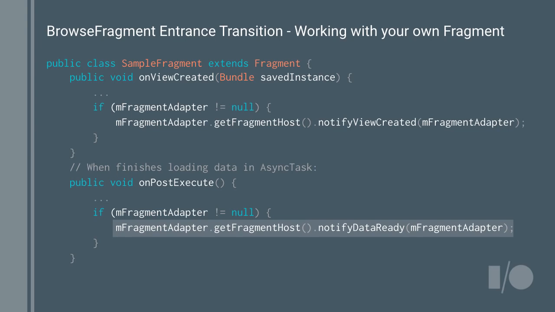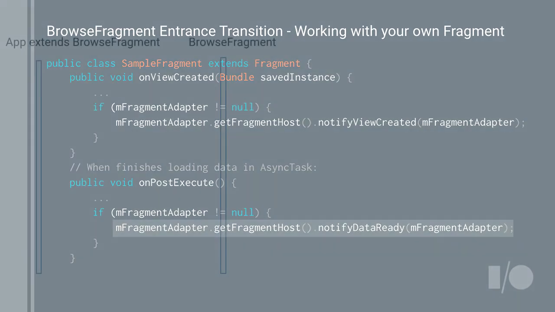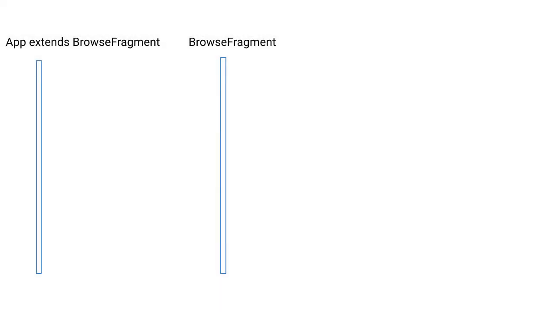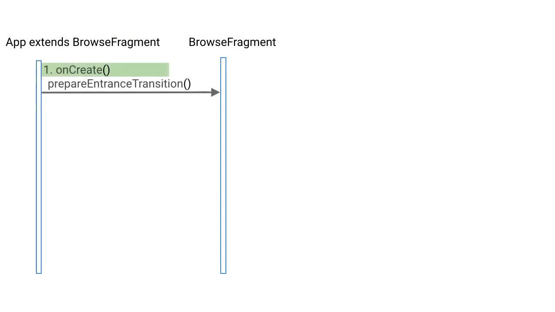So to put all the pieces together, we have this sequence diagram. First, your app calls prepare entrance transition in onCreate. Then, browse fragment will hide all the header views and not show anything in the main area. Then browse fragment starts loading data.